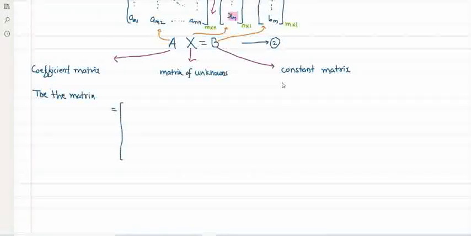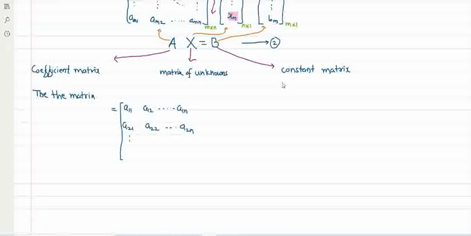So I will write the coefficient matrix as it is. A11, A12, A1n. These are the elements of the coefficient matrix. Second one, A21, A22, continue, A2n. And if you continue like this, last one is AM1, AM2, and last one, AMN.